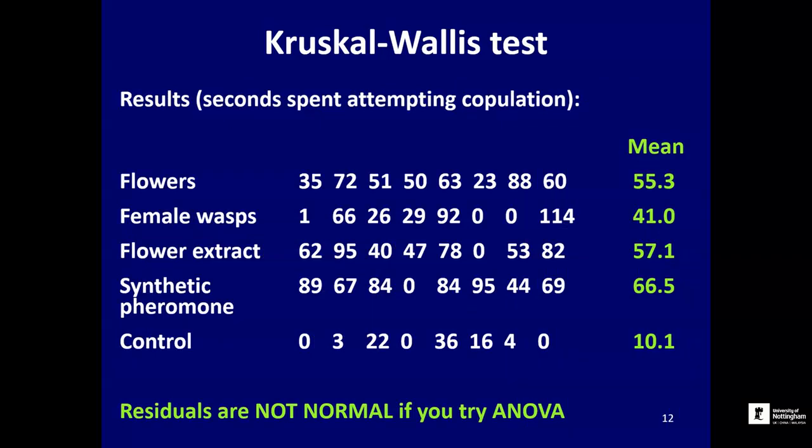So here are the data, and they're a bit messy because they have quite a lot of zeros in, which reflects where the male just did nothing. Otherwise, the number tells you how many seconds were spent during the experiment trying to copulate. And so we can calculate the averages and we can start to see some kind of pattern. So the control down here was just a piece of plasticine about the same size and shape as a female wasp, and some of the males did sort of investigate it and do a little bit of sexual behaviour with it, but on average they didn't spend much time trying to do that.